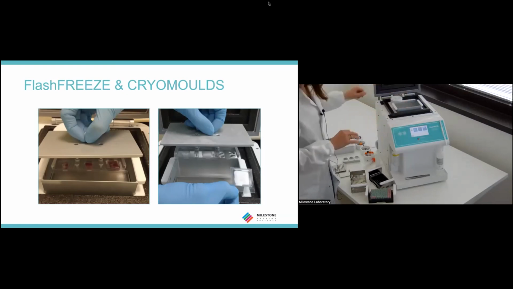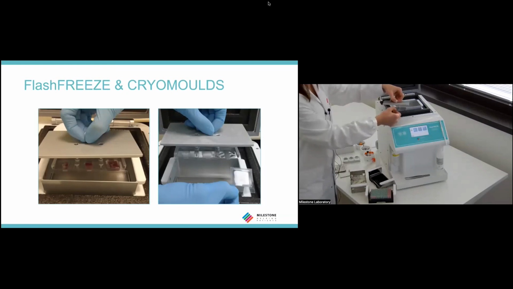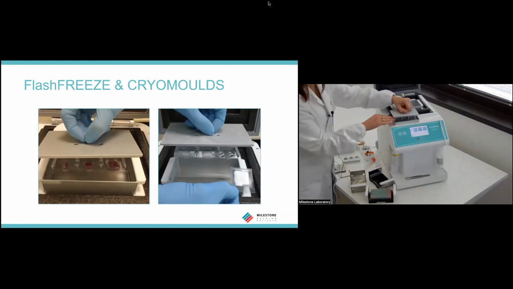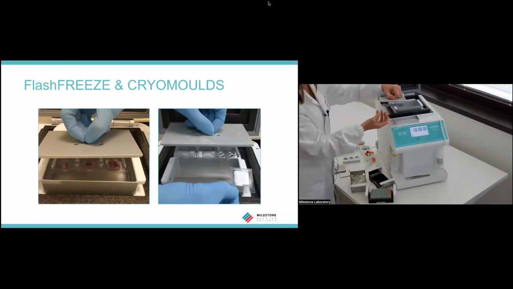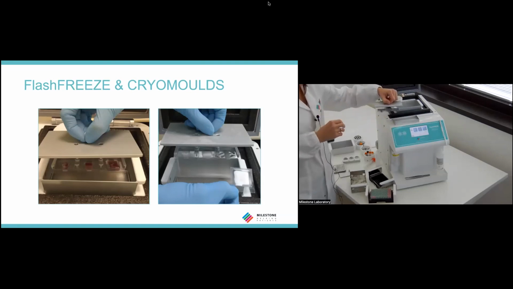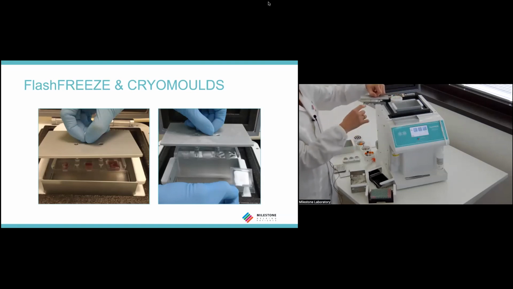So when we use this particular cover, in which we can insert up to 3 cryomolds, and we close the freezing container, the cryomolds will be perfectly at the correct level of the freezing liquid, in order to have the better freezing of the cryomold without overspilling of the reagent inside the sample, so avoiding problems of cross-contamination and bubbles inside the block.